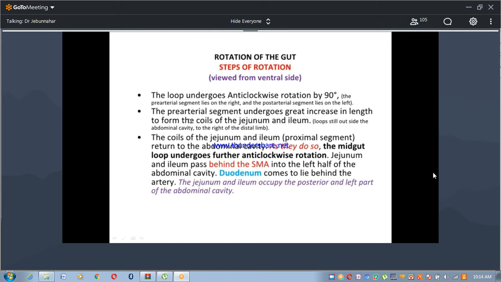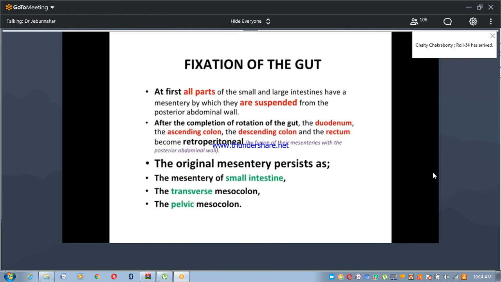The pre-arterial segment undergoes a great increase in length to form the coils of the jejunum and ileum. The loop is still outside the abdominal cavity, to the right of the distal limb. The coils of the jejunum and ileum, the proximal segment, return to the abdominal cavity. As they do so, the midgut loop undergoes further anti-clockwise rotation.